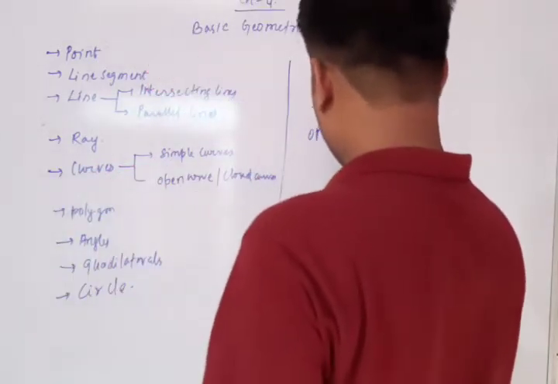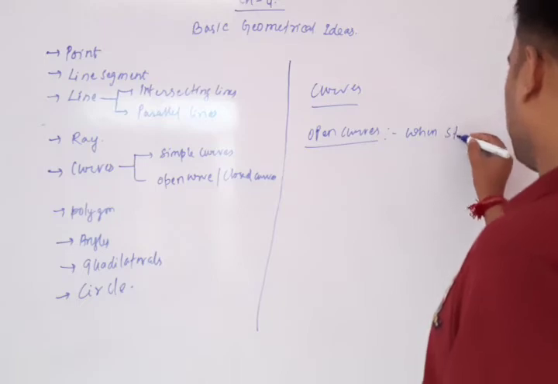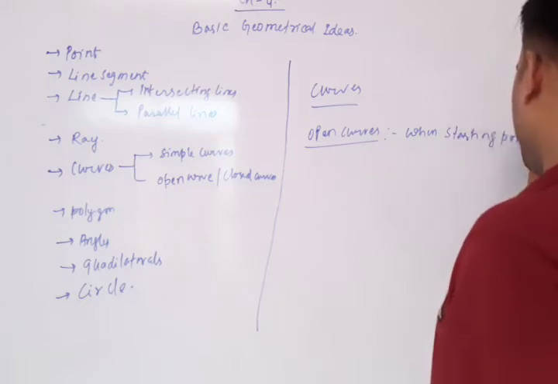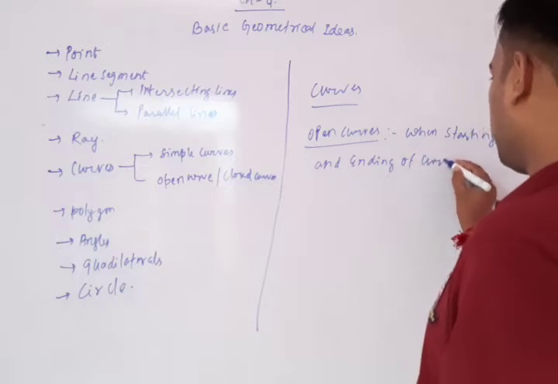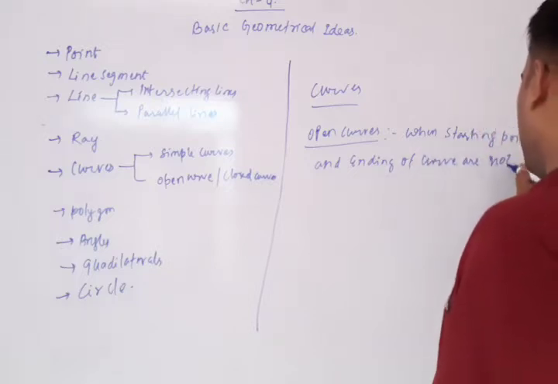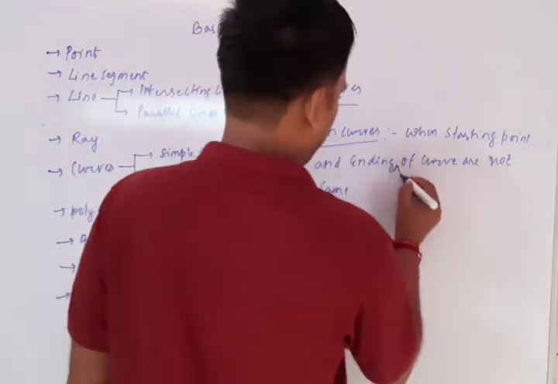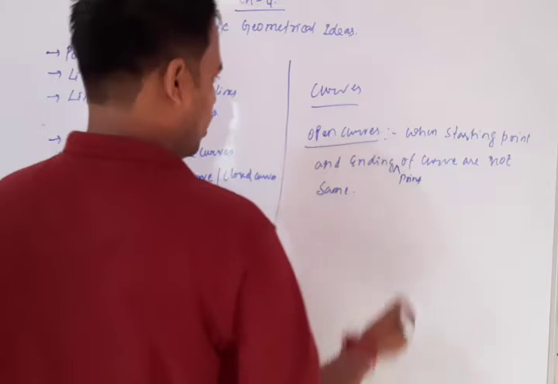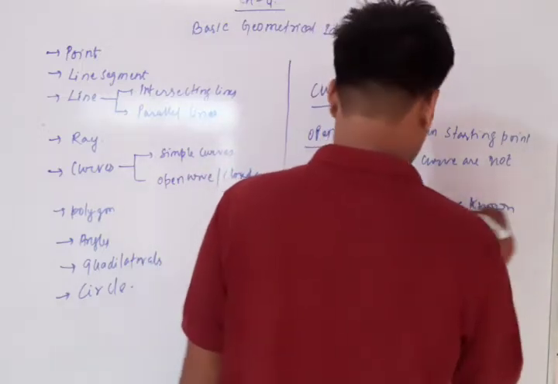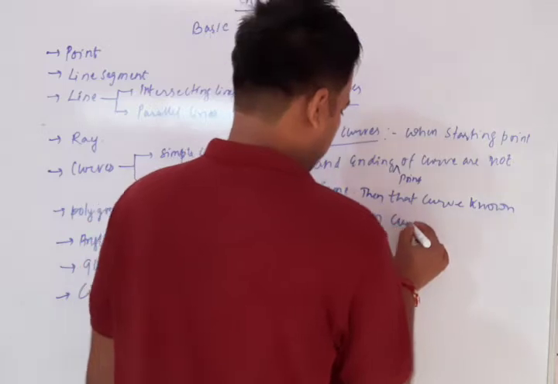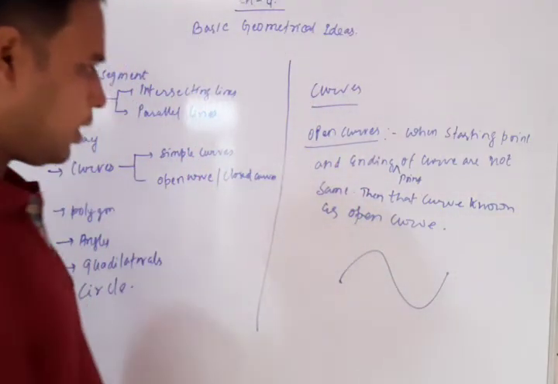When the starting point and ending point of a curve are not the same, then that curve is known as an open curve. This is the open curve.